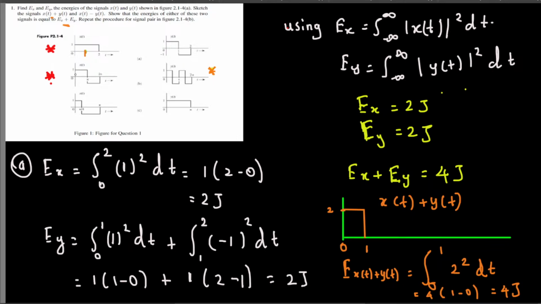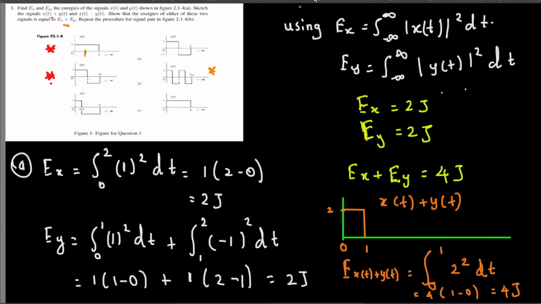So here 0 to 5 by 2, over here we have 1 and 1, 1 minus 1 is 0, so that's gone. And then 5 by 2 to 5, we have 1 and then -1, 1 minus minus 1, that is 1 plus 1, that is 2.